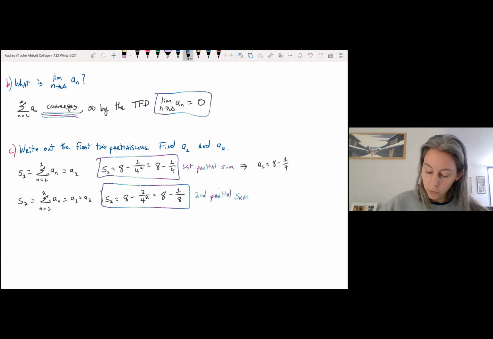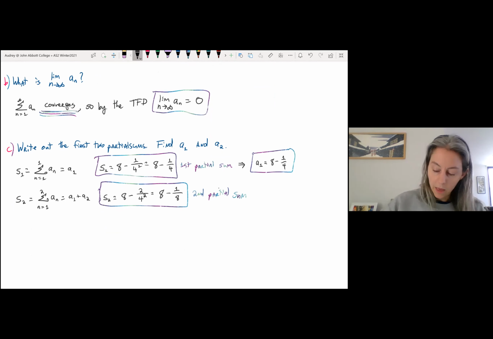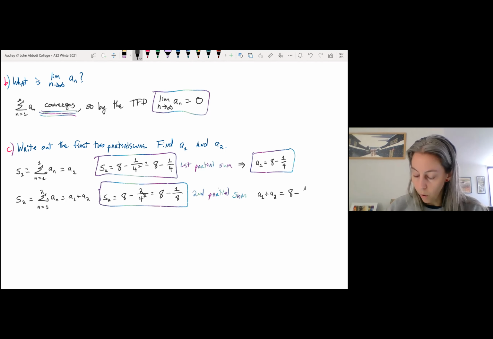But we can also see over here that a sub 1 plus a sub 2 is my second partial sum. So that is equal to 8 minus 1 over 8. But because I know a sub 1, I can just subtract it from S sub 2 in order to get a sub 2.